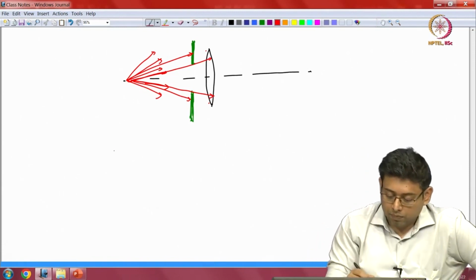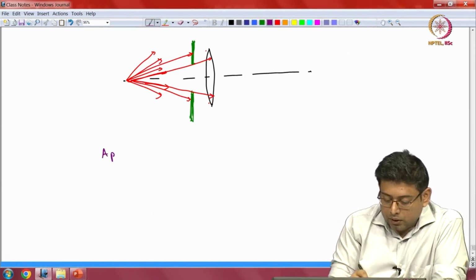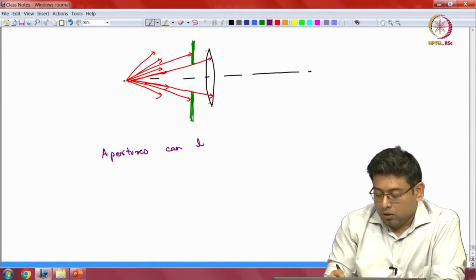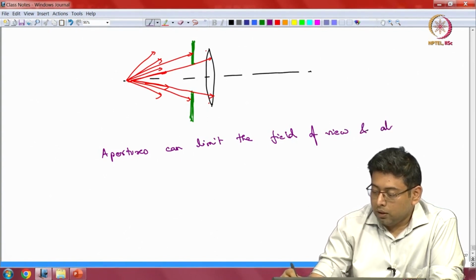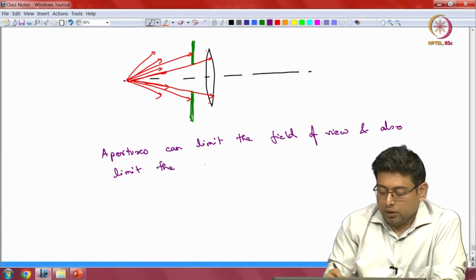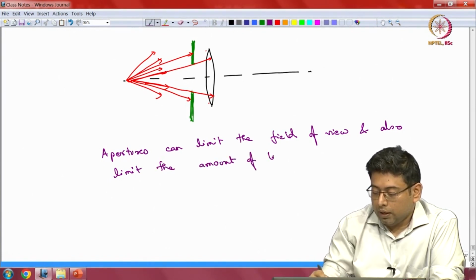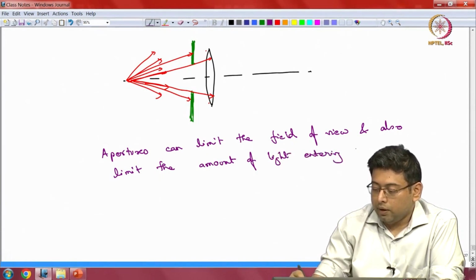Okay. So, apertures can limit the field of view and also limit the amount of light that is coming into the system. Okay. So, the amount of light entering the optical system.